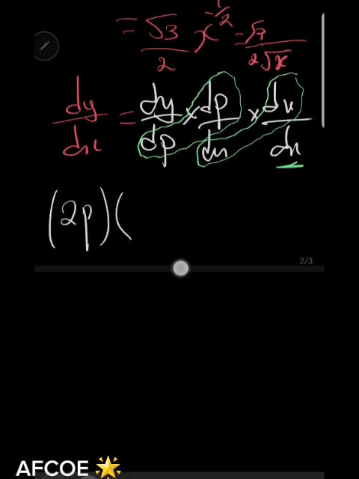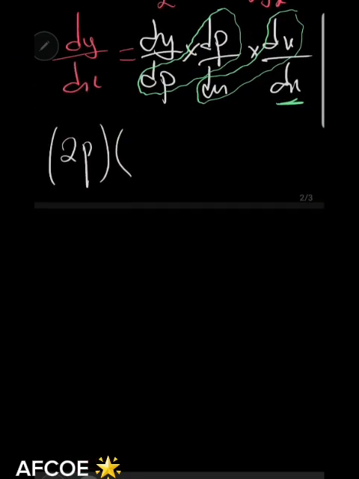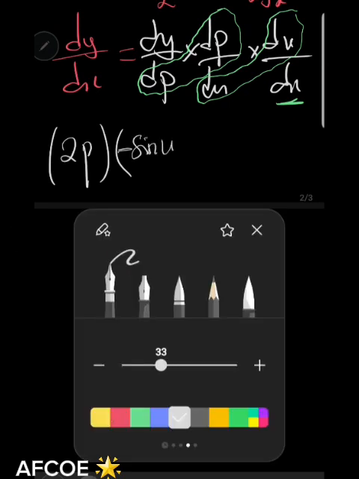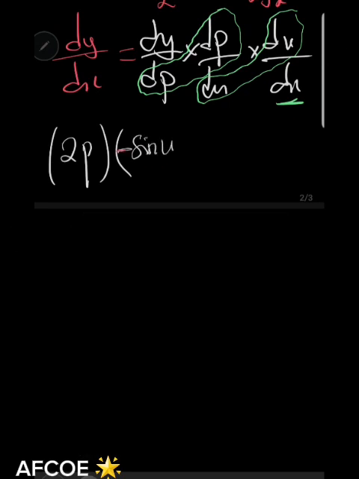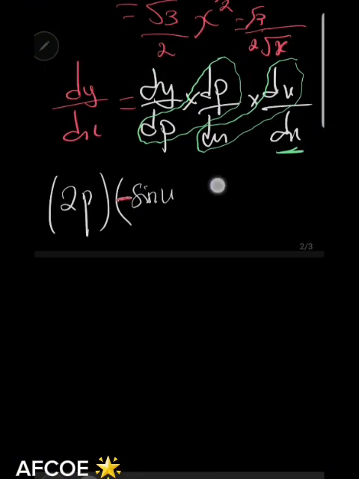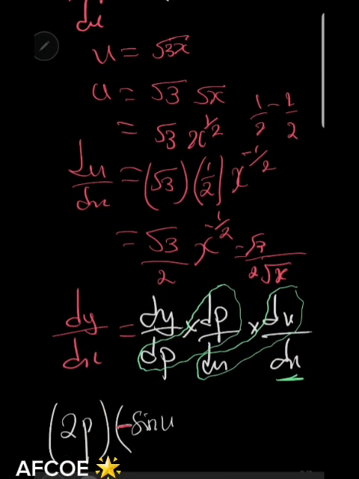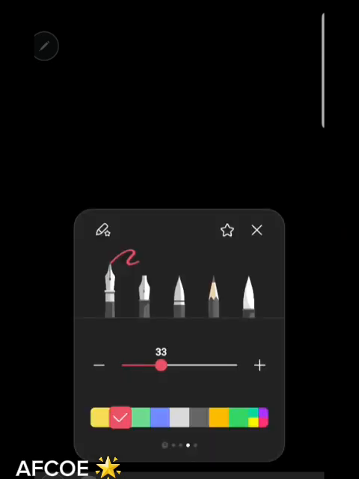Then my dp/du is simply negative sin u, so I'll put the negative sign with red pen. It's very easy to forget. Okay, that's dp/du. Then we move to du/dx. For du/dx, we got it to be square root of 3 all over 2 square root of x.